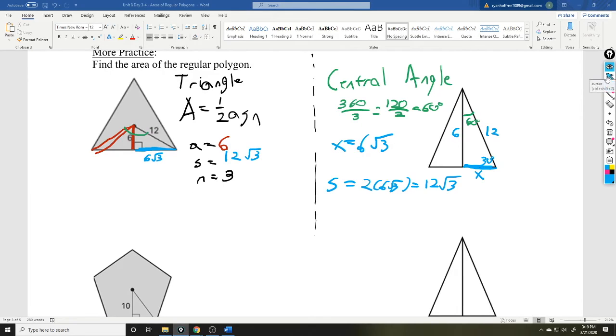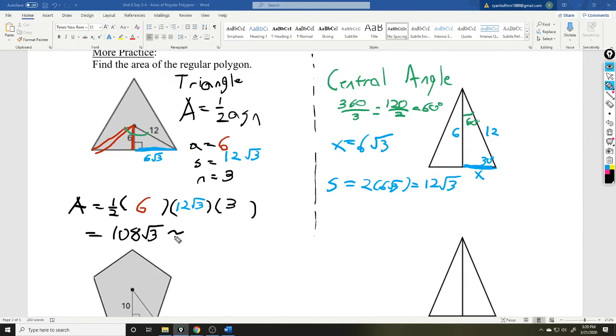And now I can just take my formula, plug in the numbers. The exact answer, if you want it, would be 108 square root of 3 by multiplying everything outside the square root.